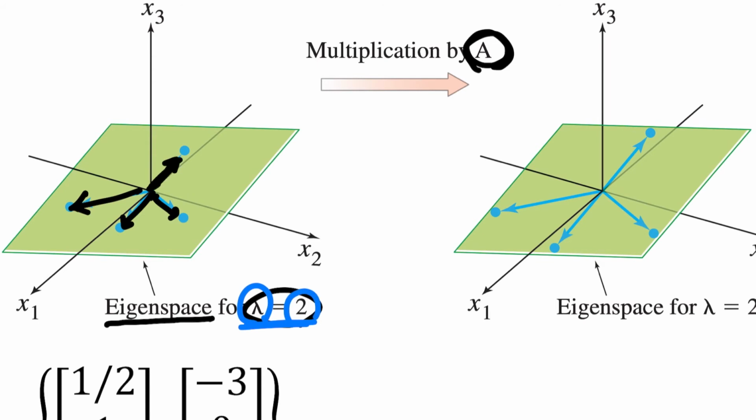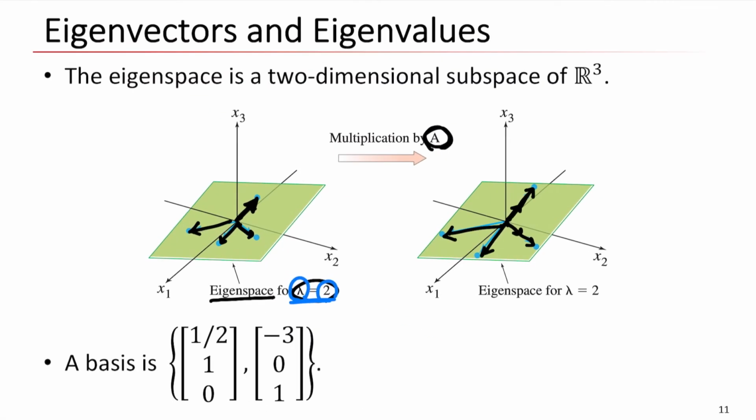So this vector will have the same direction with 2 times the magnitude, 2 times larger than this one, right? So this is the eigenspace after transformation by matrix A.